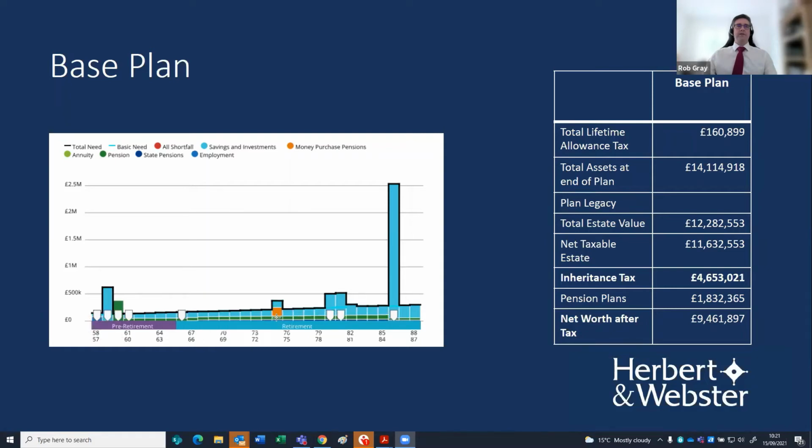So then when his defined contribution pensions are tested at age 75, that would at that point exceed his remaining protected lifetime allowance and would result in a small tax charge. The total lifetime allowance tax that he would pay on the base plan is 160,899. So quite a large charge really, but small in comparison to everything else that he has.